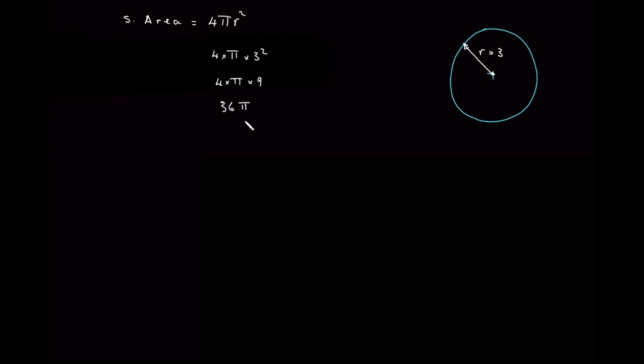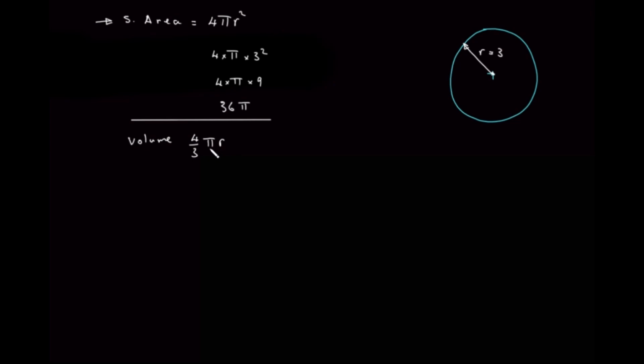So that is the surface area of a sphere with the radius being 3. Volume. Again, with the radius being 3, the volume starts with a 4 again, but it's 4/3 pi r.